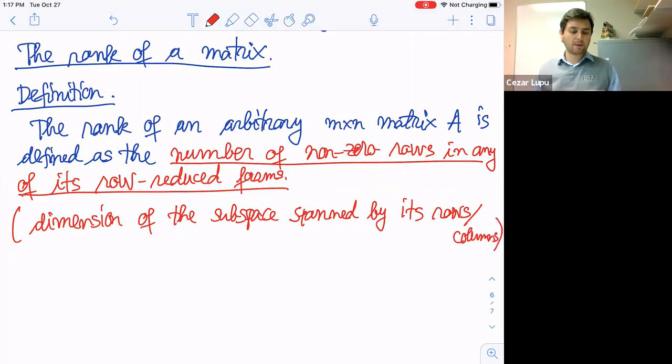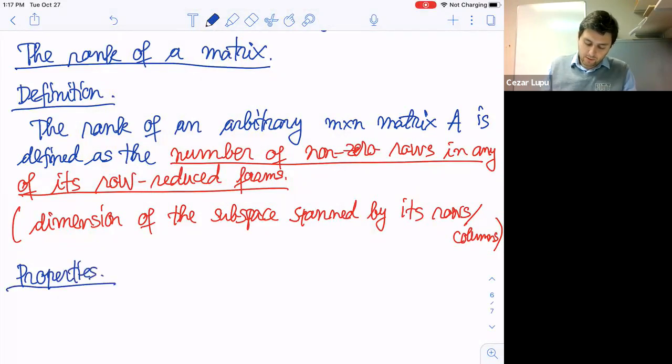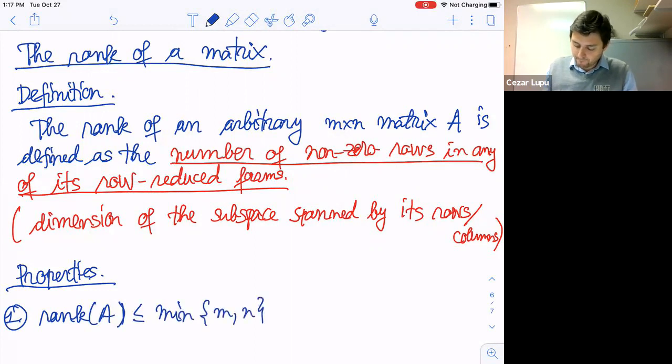Anyway, it's the same thing. Well, there are some properties here. Well, one property is quite obvious from the definition. So properties of the rank of a matrix. And the first one, which is important, is that the rank of A will always be less or equal than the minimum between m and n. That's always going to happen.